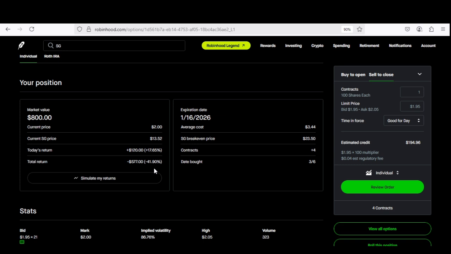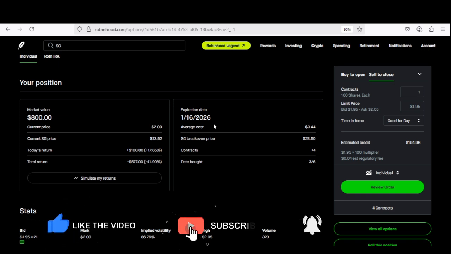The one thing we do get wrong is always the strike date. Although I'm down 41%, or almost $600, I still have about 7 to 8 months for this trade to go in my favor. So always make sure to pay attention to your strike date. That's one of the key components of trading options.